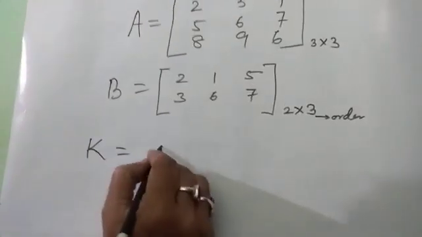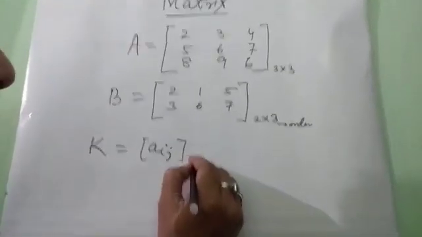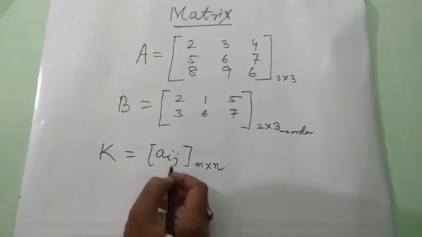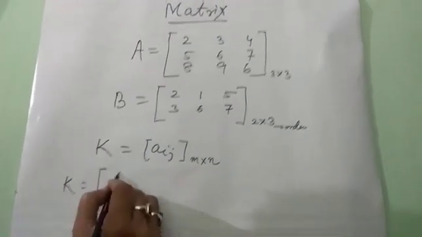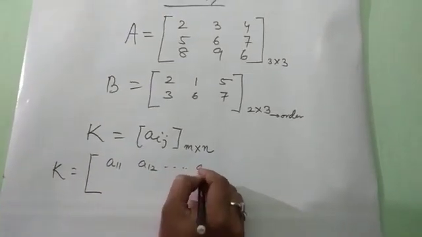Now in general I can write a matrix K is equal to Aij, M into N. That means M rows and N columns. These are the elements. So K I can write as A11, A12, dot dot dot, A1N.